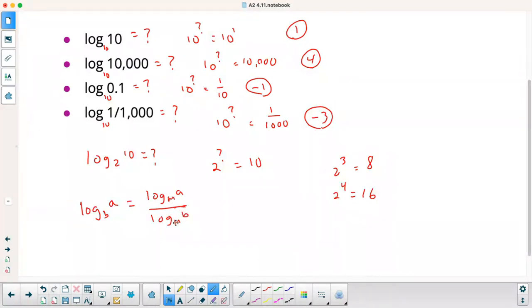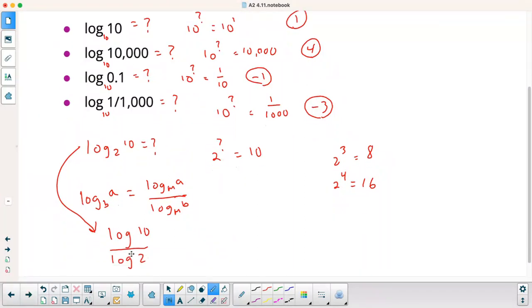So as long as these bases match up, you can use any log. Usually we use a base of 10. So for this one, I would type log base 10 of 10 over log base 10 of 2, and when it's base 10, we don't write the base.